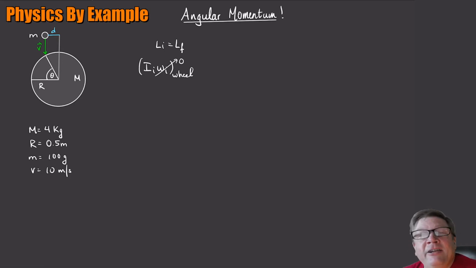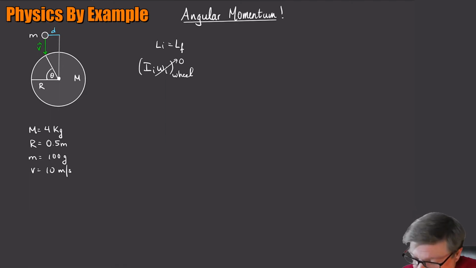But that's angular momentum for the system. So what else is happening in the system? Well, initially the wheel's not spinning, sure enough, so that part is 0. But that mass is falling, right? And this is sort of like the first problem we did in the unit. Here's the axis I'm interested in, and I've got a mass that's moving some distance d away from that axis.